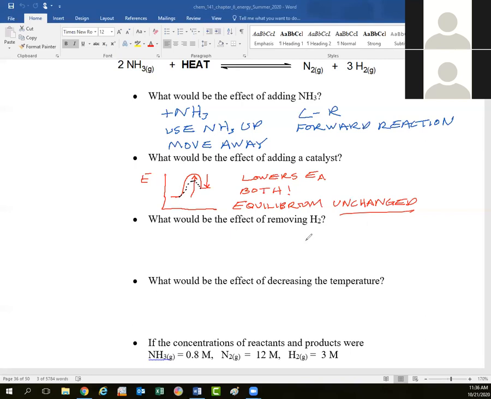So instead of taking maybe an hour for equilibrium to be established, it will take considerably less than an hour, maybe just 10 or 15 minutes. But the amount of each chemical is unchanged because the position of equilibrium is unchanged by adding a catalyst. You cannot force the system to make more of the chemical you want by adding a catalyst.